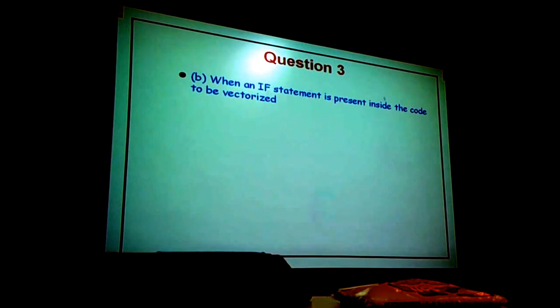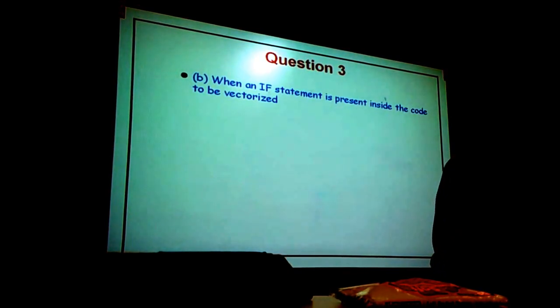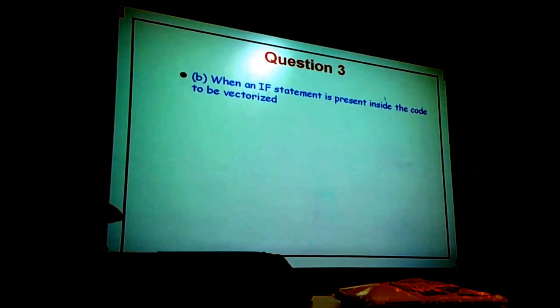We only want to execute the operation on some of the elements of the vector. What technique do we use when we have an if statement which indicates that only some of the elements of the vector should be operated on?